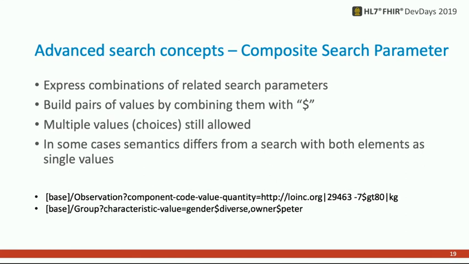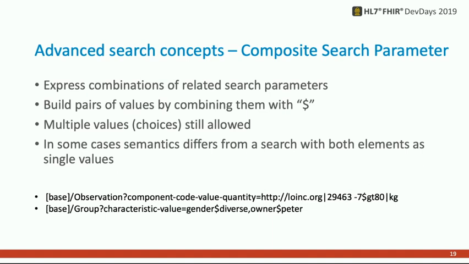So if I wanted to, for example, search on a group with a given characteristic and a value, and I would only search on characteristic independently of the value, I would get back all the groups which have a characteristic gender and a value diverse, but not necessarily would the value diverse need to point to the characteristic gender.